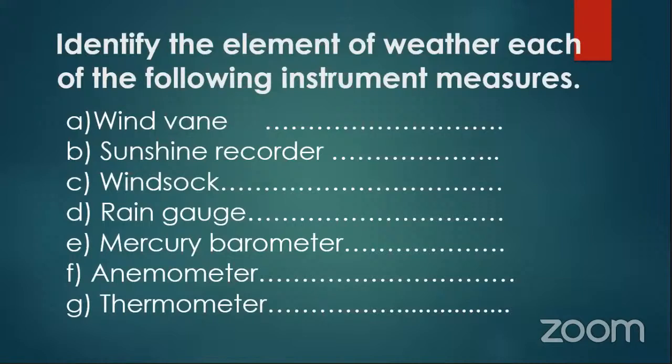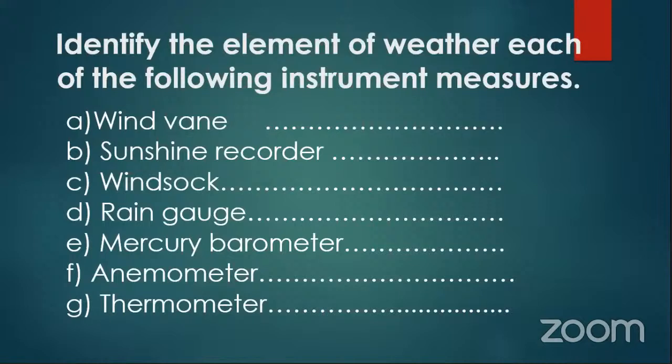Members, let me tell you this. When there is wind, what happens to the wind vane? I want you to tell me that as the wind blows, the arm of the wind vane rotates until its pointer faces the direction from which the wind is coming.